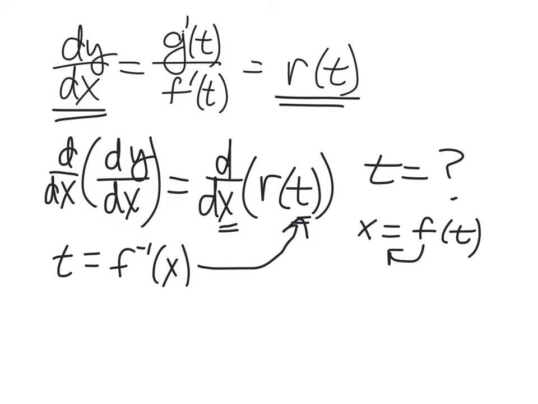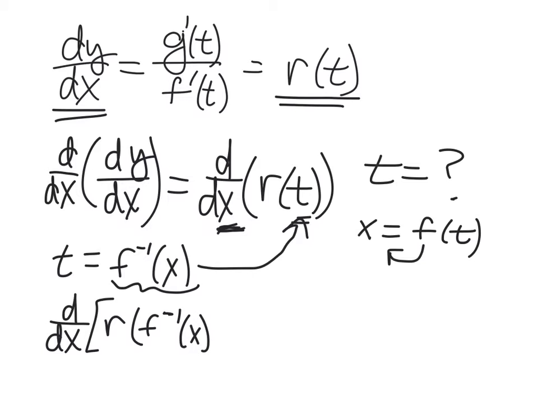So again, to get this all in terms of x, we'll be taking the derivative with respect to x of r of t, which we said would be r of the inverse function of f of x. Okay, with me so far?